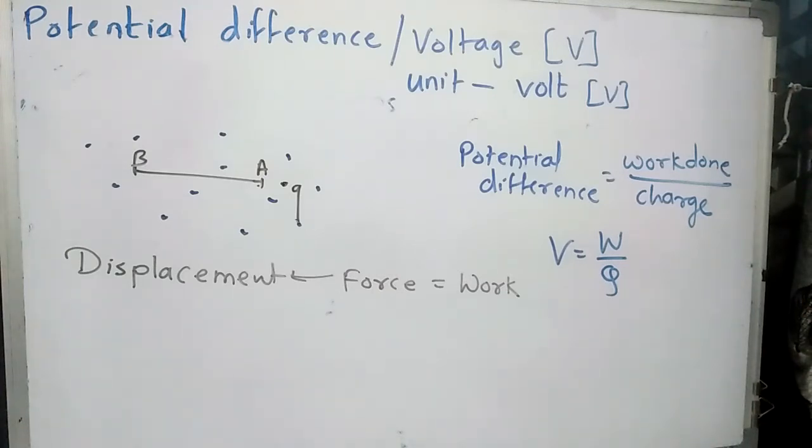Now suppose we want to displace this unit positive charge from point A to B. We have to apply some force on this unit positive charge. That force may be an attractive force or a repulsive force.